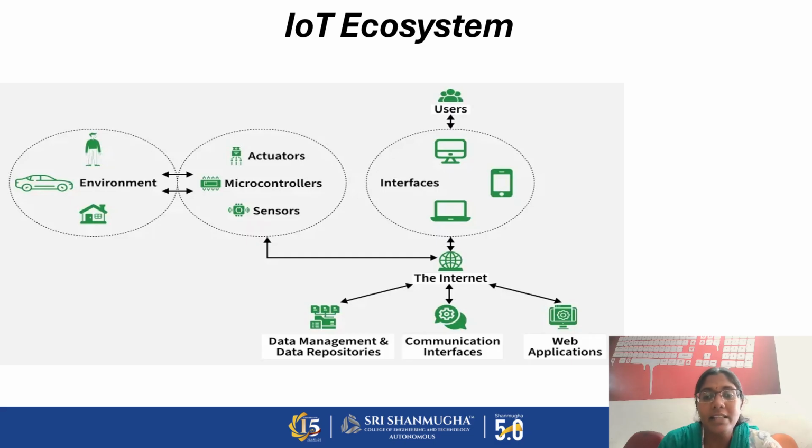All these things will be connected together through the internet, right? By connecting these things, n number of data from all these interfaces can be collected through the internet, analyzed, and we can store the information. A lot of information can be stored, right?